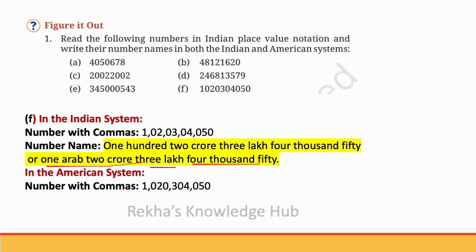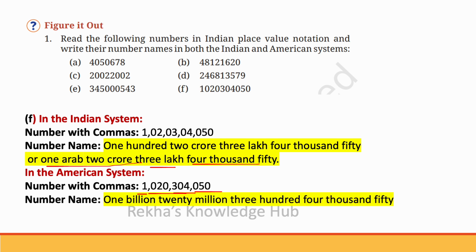The American system, we can put commas like this: 1,020,304,050. So this is hundreds, thousands, millions, then billion. So 1 billion, 20 million, 304,050.